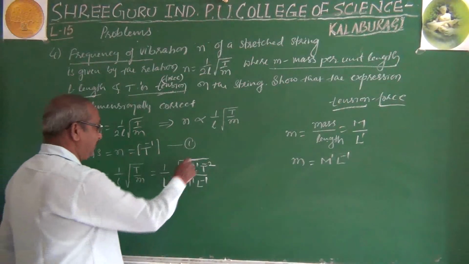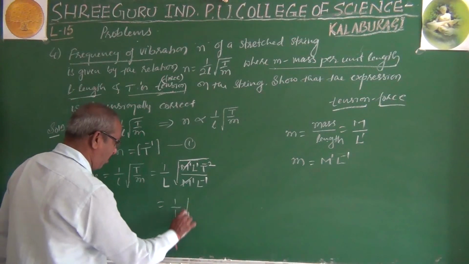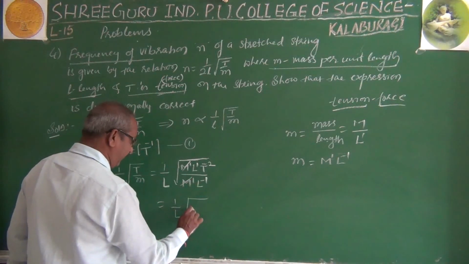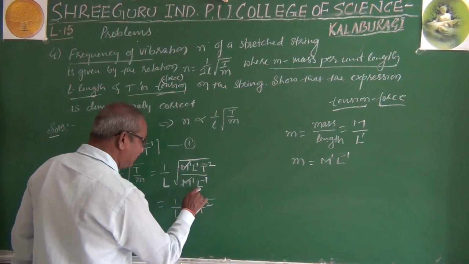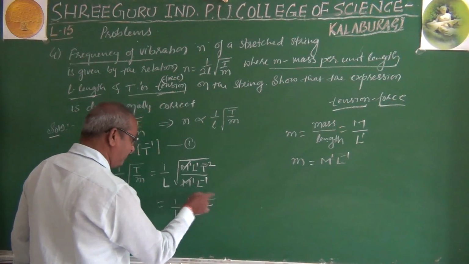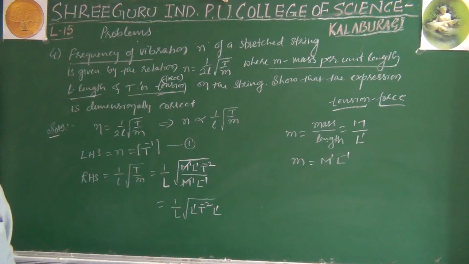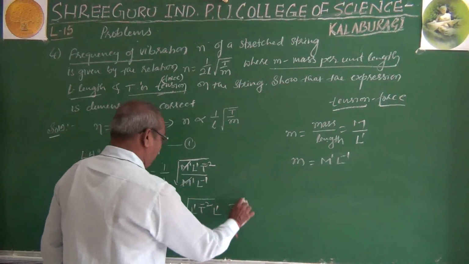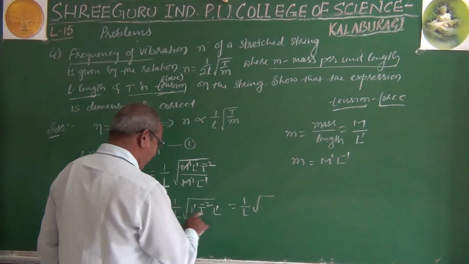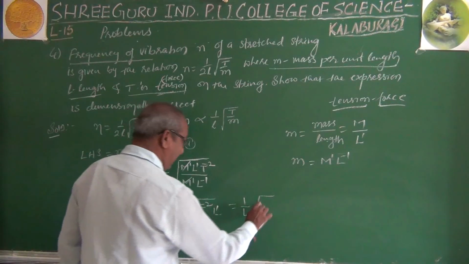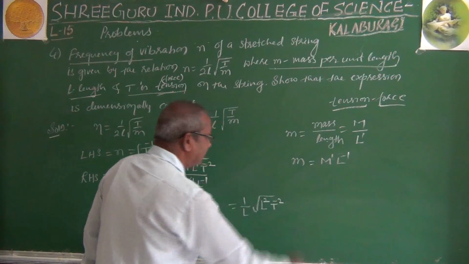Now this M gets cancelled. Then what is the remaining quantity? 1 by L root of L raised to 1, T raised to minus 2, and here this L raised to minus 1 in the denominator, taking it to the numerator, becomes L raised to 1. Now 1 by L root of L, bases are the same, so indices can be added: L raised to 2, T raised to minus 2.